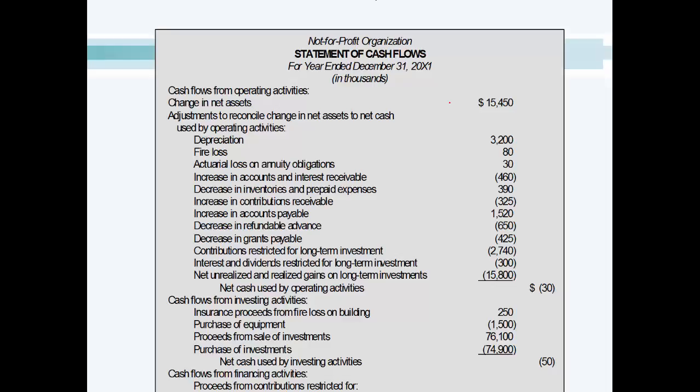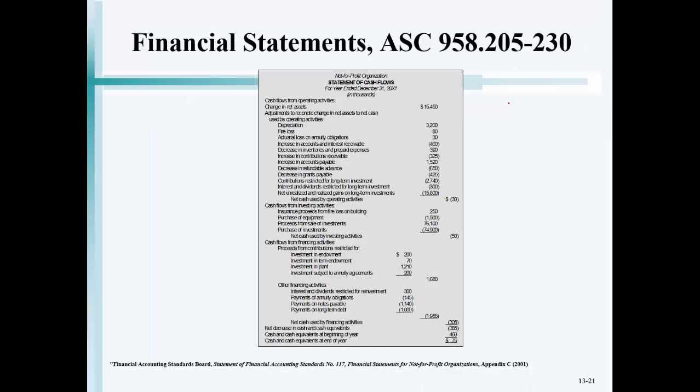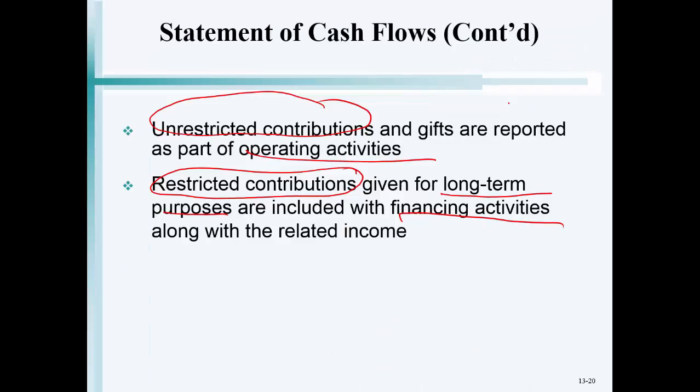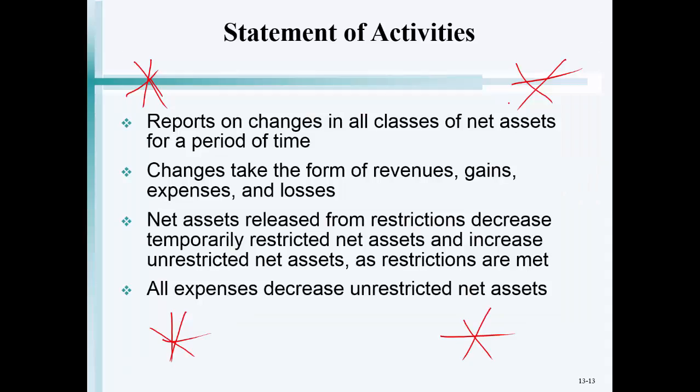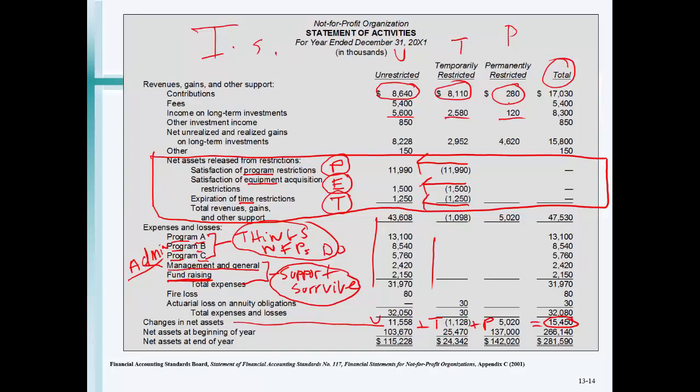Is this direct or indirect? Good. This is the indirect method. Why? We're starting with the change in net assets, that 15450. Remember we saw that on the statement of activities a couple of minutes ago? We take that total change, that's our total net income.